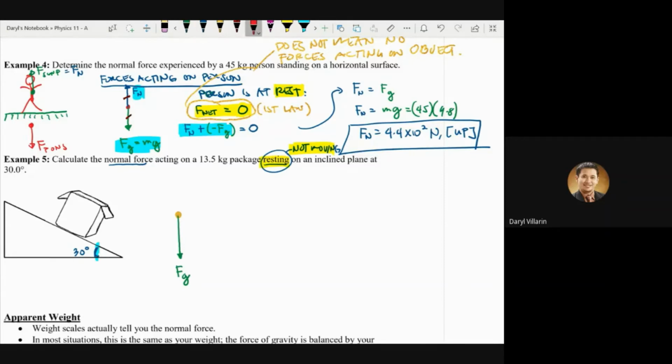So my Fn is not going upward, but angled off, at 90 degrees. This is my normal force, perpendicular to the surface.